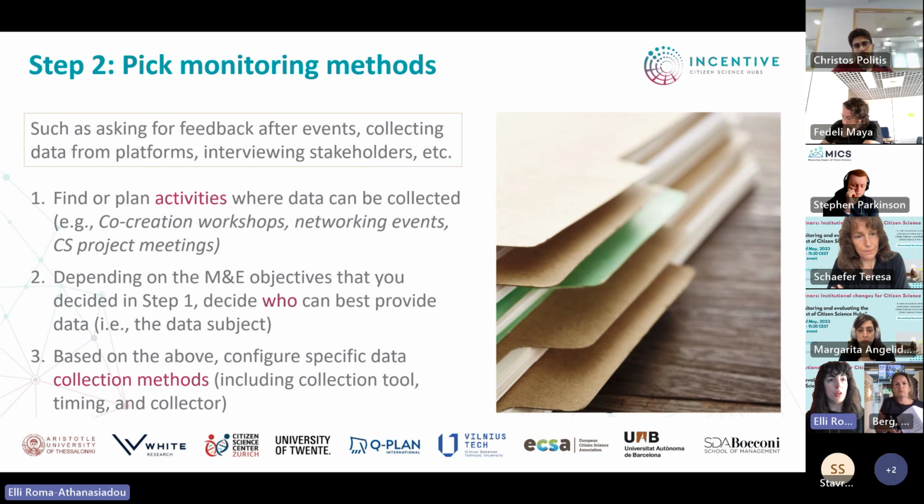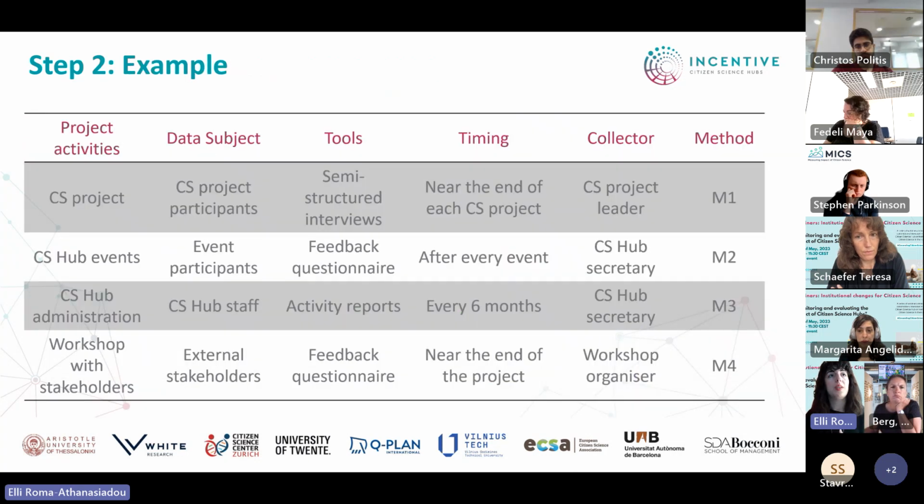And third, based on what we have discussed until now, it is important to configure the specific data collection methods. To give an example, let's see the first method that we have created.